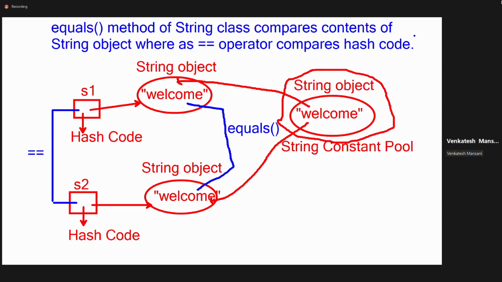Is it clear? Write this one. The equals method compares the contents of objects. The object's data is compared. Okay, that's why true. But the equals operator compares the hash code. Hash code is different, that's why false. Content is the same, that's why true.